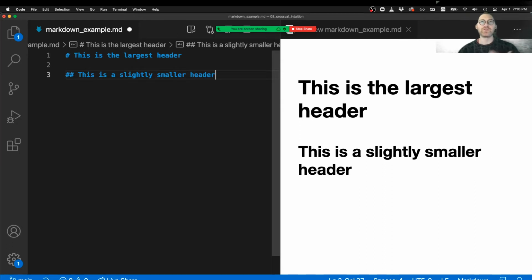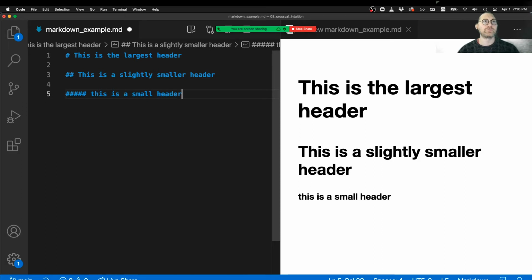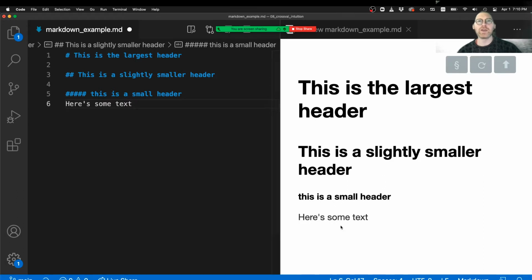And if you follow this logic, let's take this out to, say, 1, 2, 3, 4, 5. This is a small header. And already you can see that this is pretty dynamic. Here's some text. And this small header looks to be about the same font size as that text.